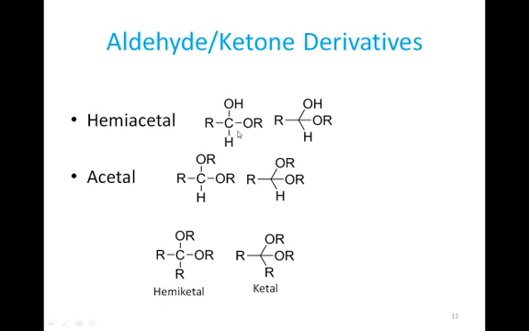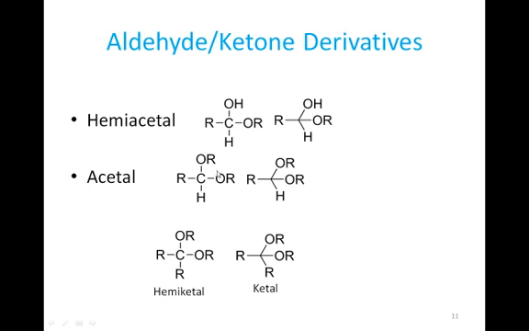This is an intermediate on the way to an acetal group. The hemiacetal has a hydroxyl group, so it's an alcohol, and then an OR, so an ether group. Whereas an acetal has two oxygens attached to the same carbon. So the definition of an acetal is essentially a carbon with two oxygens attached to it.